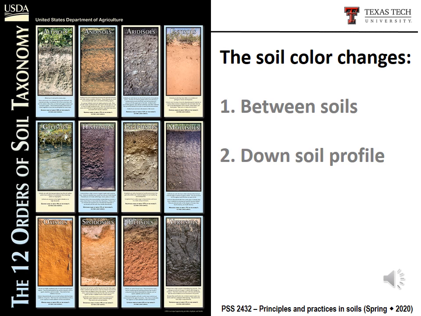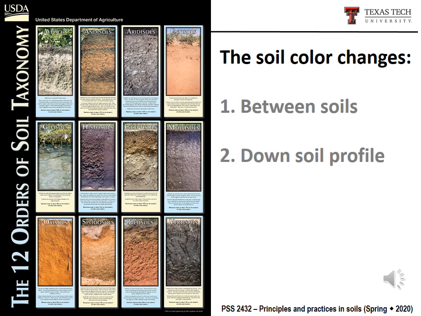Also, the soil color changes down the soil profile. Do you remember? You have A horizon, B horizon, and C horizon. You can see here, for example, in ultisols, a clear difference between the A horizon and the B horizon.